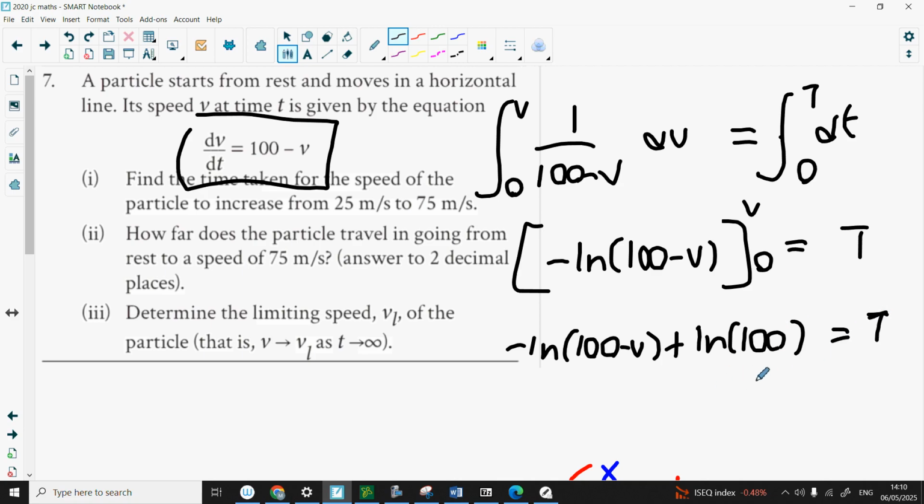I can probably turn that into a negative log row. So what do you think? ln 100 divided by 100 minus v equals t. Bring up the e value, get rid of the ln, yes? The ln 100.